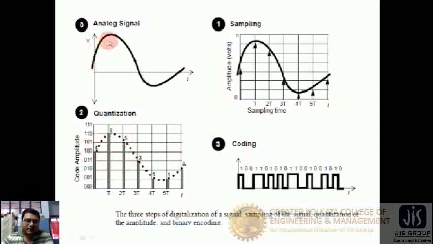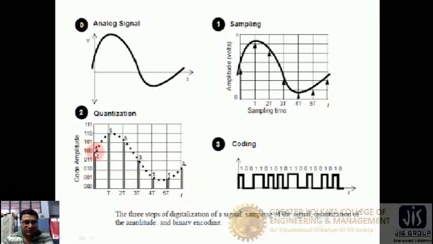See, it is an analog continuous signal. It is a discrete time signal, and the amplitudes of this discrete time signal are not digital, but after quantization the signal is in digital form.